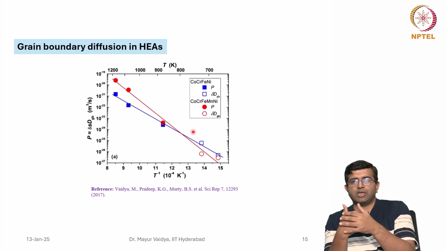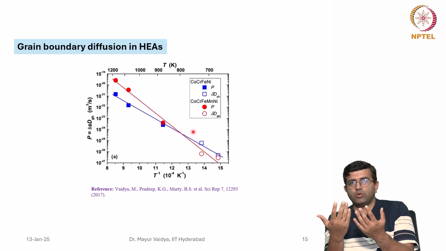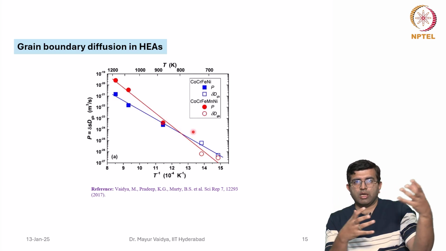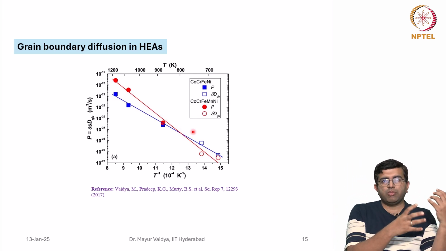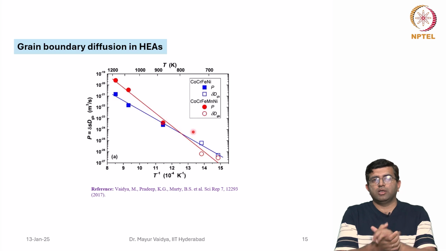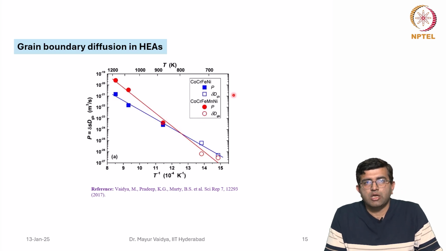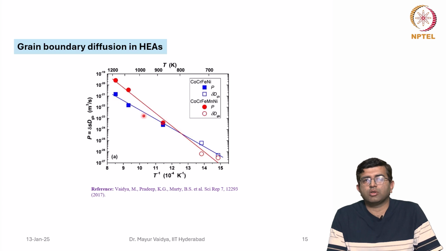Of course, assuming that the segregation factor is unity, which people have been confirming using advanced microscopy techniques. So, this is one such example for the cobalt chromium iron nickel alloy and for the cobalt chromium iron manganese alloy.